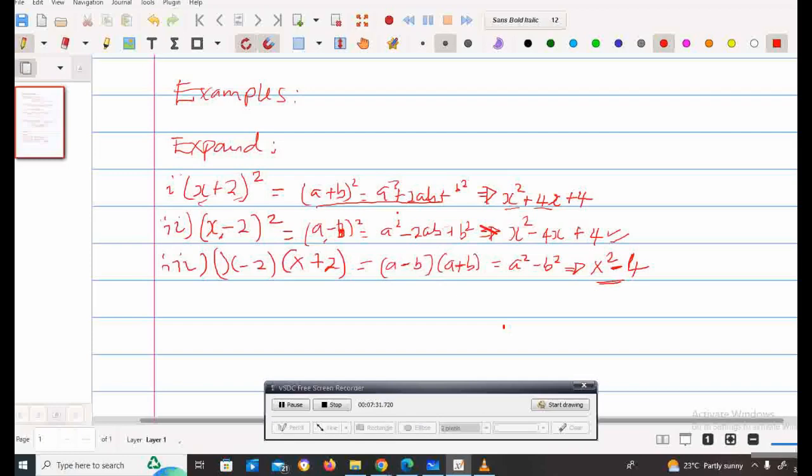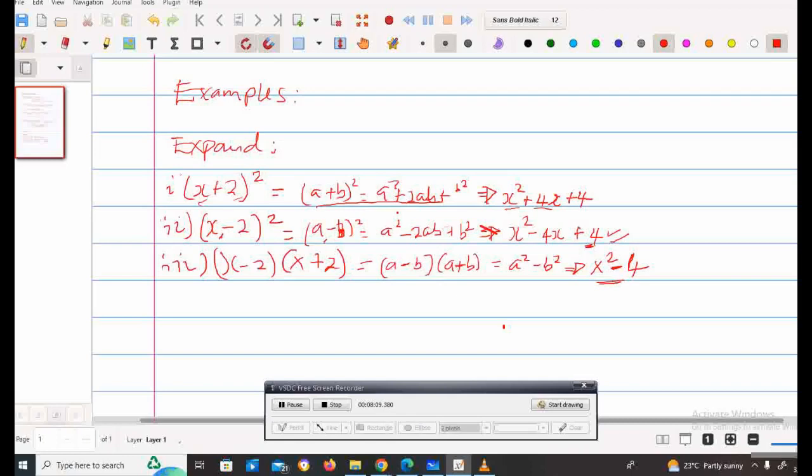Minus 2 is our b, so we get minus 2 times x, that is minus 2x, and then we double that product to get minus 4x. Then we square the minus 2, which is our b, and that gives us 4. That is how x minus 2 squared expands into x squared minus 4x plus 4 by the quadratic identity method.